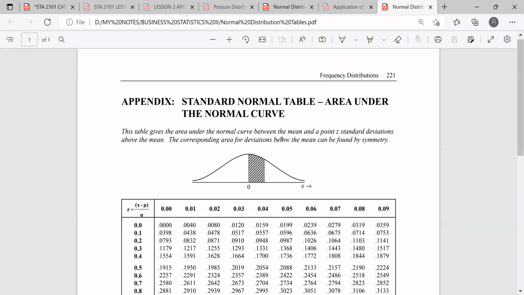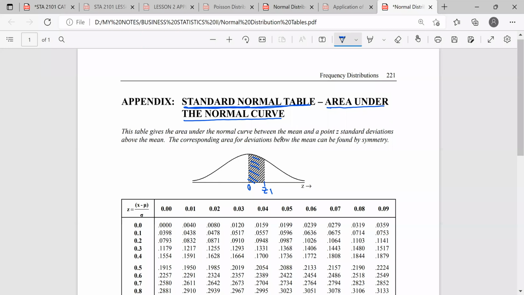This table gives us the area under the normal curve. We are given a picture here which illustrates that the shaded part is what you're calling the area under the curve, for values of z between 0 and some value here which you can call z1.